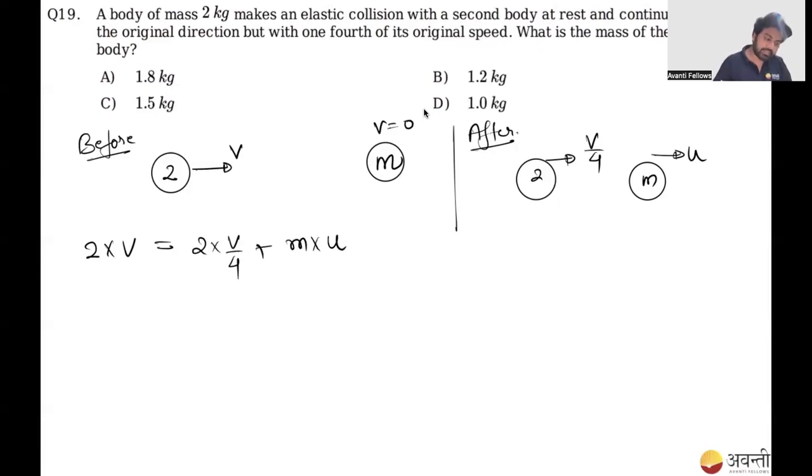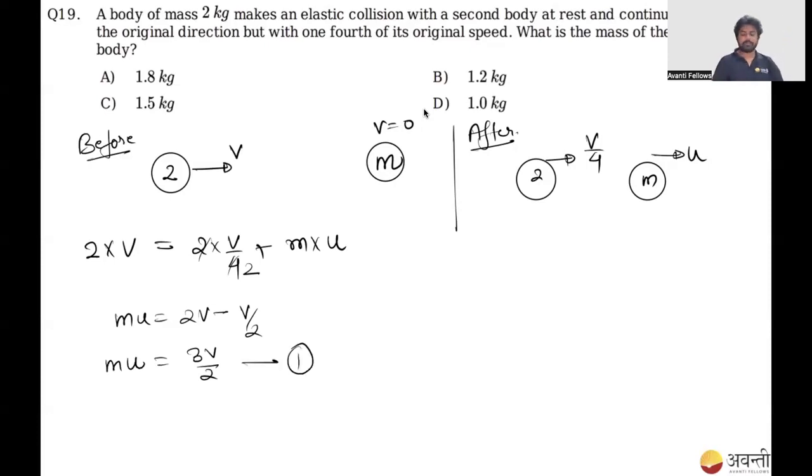So from here, if I calculate, I'll get the relation between mu and this. So mu is equal to 2v minus v by 2, which is 3v by 2, correct? So this is our first equation, right?